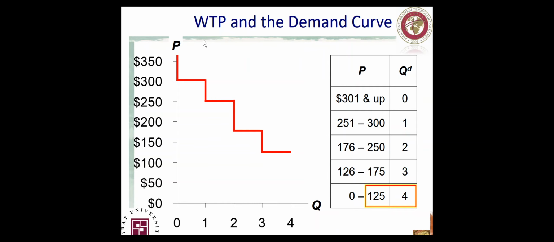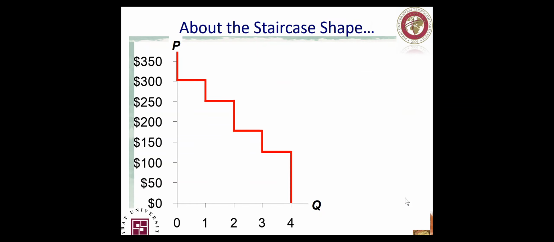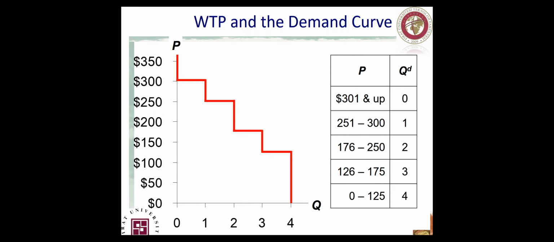So the WTP is represented by a stair, just a stair going from up to down. In reality, we don't address only 4 consumers. We address a huge number of buyers and sellers, millions interacting in the market. So we don't have these coarse steps.